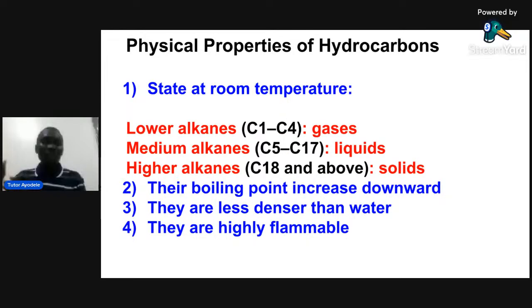Now, let's look at the properties of the hydrocarbons we are talking about. Let me use alkane as an example. When you drill crude oil and take it to the refinery, you separate it into different components. We have crude oil and natural gas.